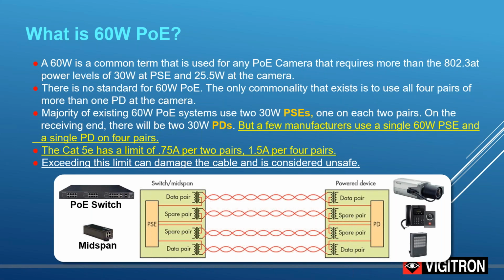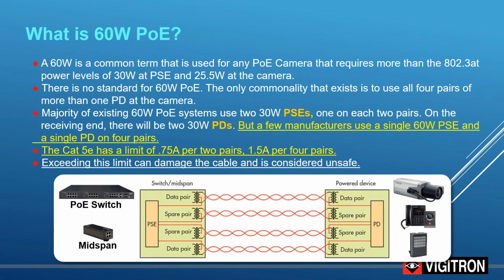So in 60 watts, we actually transmit PoE power over multiple pairs at the same time. It's as if we've combined the A and the B pairs together in order to provide the maximum amount of power. So if each pair is capable of transmitting 37 watts, 37 watts times 2 is 74 watts. So you can think about anything over 37 watts to begin with as 802.3 AT times 2.